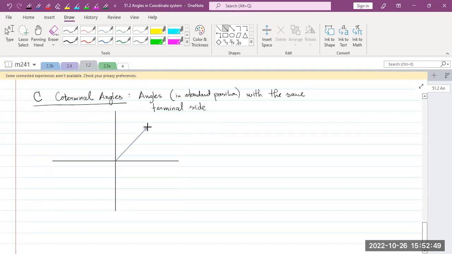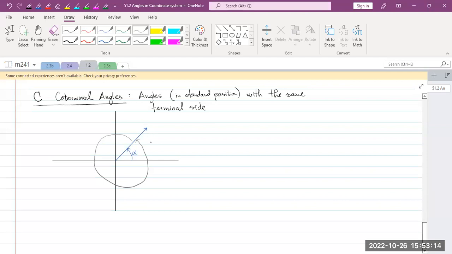Let's say, for example, this one here. Of course, this is one of the angles; call that angle alpha. Now I want you to realize that if you add 360 degrees to this alpha, you will get the same terminal side, right?